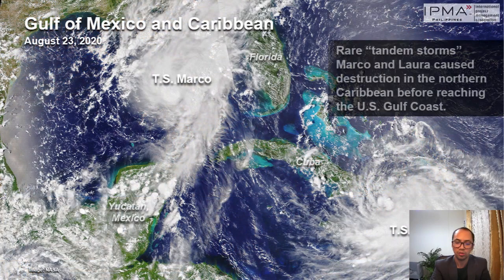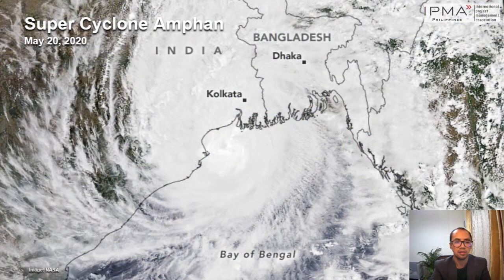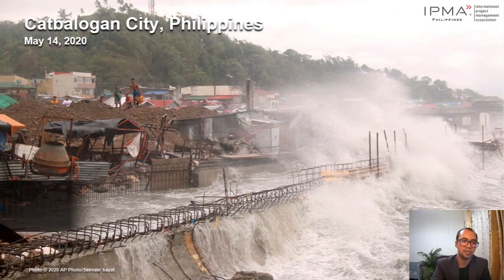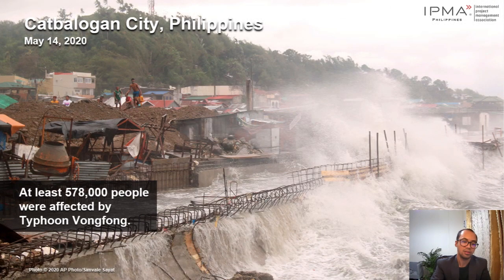There are also impacts of rare thunderstorms. This one is in the US Gulf Coast. Then super cyclones also. We have also experienced super typhoons. If you can remember Typhoon Haiyan, which devastated our country.